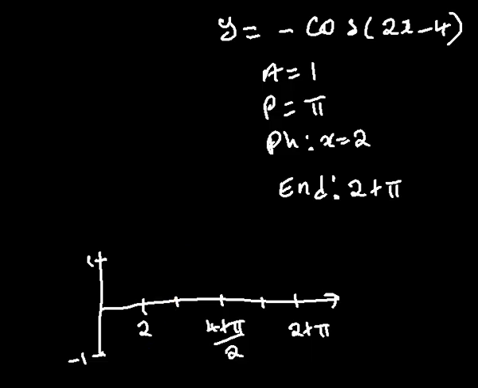So the graph will start from here, and will be at that point. Then the graph will be at this point, which means the graph will go like this. Then it will go like that.